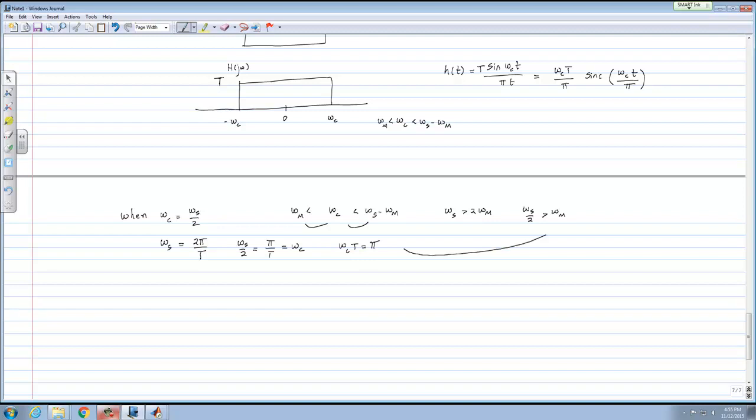So when I plug this into here, the omega c T over pi is going to become 1. So I can simplify it into something extremely nice: sinc of t over T.